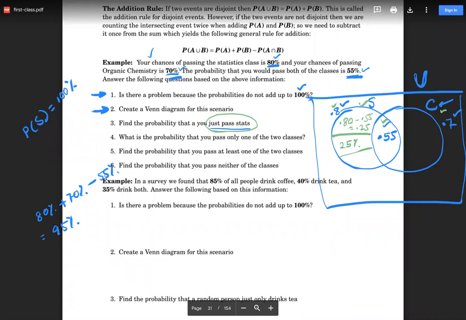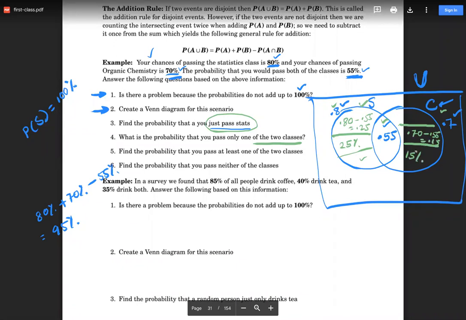What is the probability that you pass only one of the two classes? That means you either pass statistics or you pass the other one, chemistry. Again, a similar argument will show for this circle, 70% minus 55%, 0.70 minus 0.55, which is equal to 0.15 or 15%.